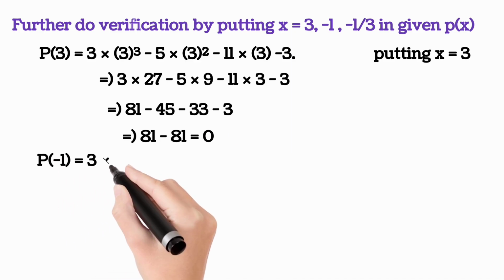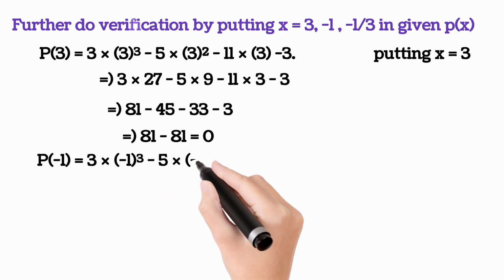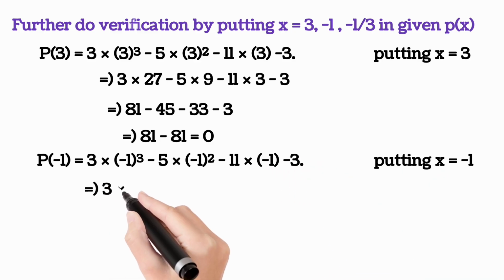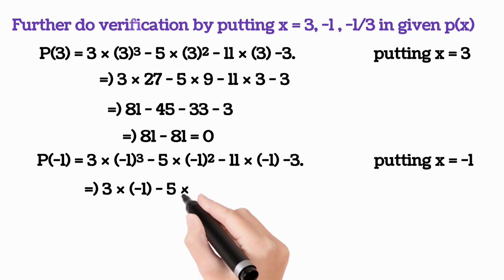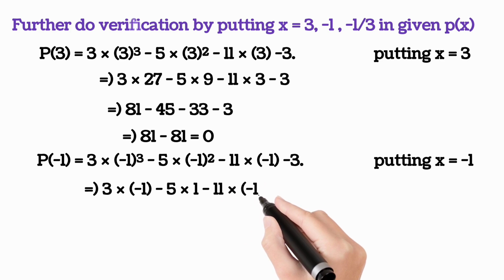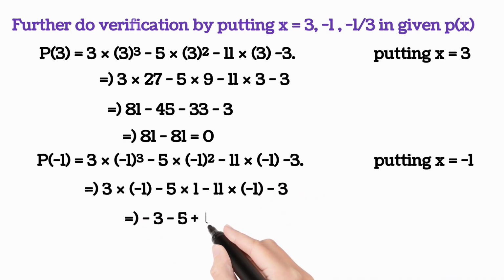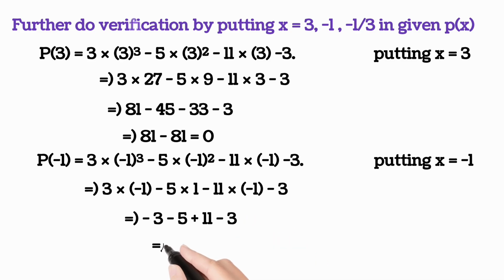Now put x equal to minus 1: 3 into (minus 1) cube minus 5 into (minus 1) square minus 11 into (minus 1) minus 3, that is equal to 3 into minus 1 minus 5 into 1 minus 11 into minus 1 minus 3, that is equal to minus 3 minus 5 plus 11 minus 3, which implies 11 minus 11, that is equal to 0.